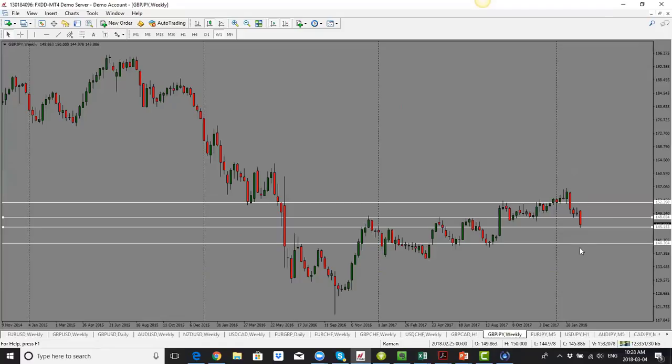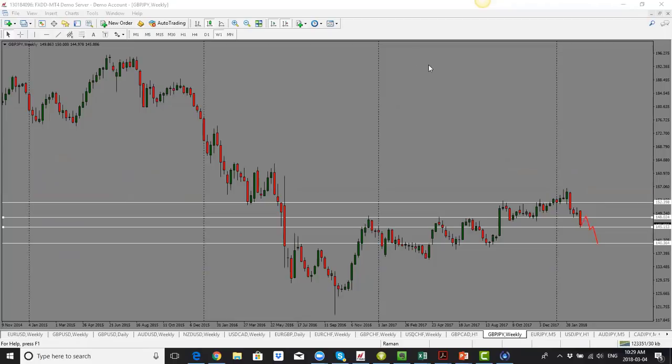But overall, pound yen here looking quite weak, and I'm looking for a further drop. So just looking for a continuation here as well. But again, looking for a pullback into 148 level, and then looking for further drops. So first target would be 145. And then once we break below that, I'm looking towards the 140 level. But because we have seen a nice drop here, we could get pullback.